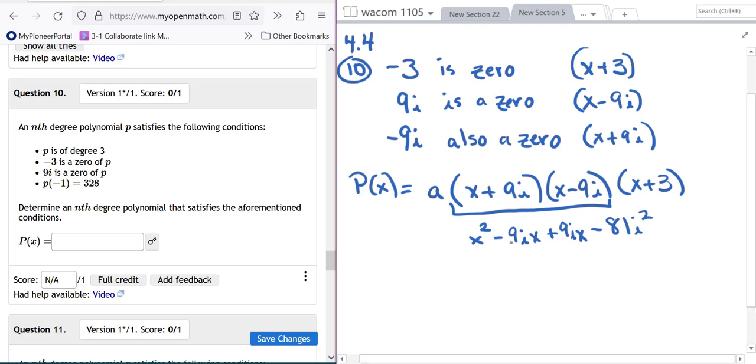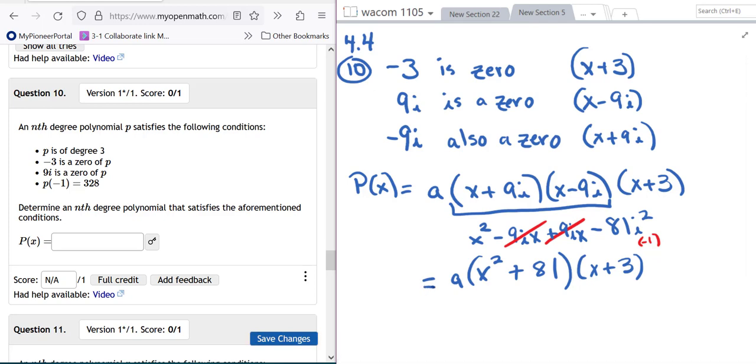These two should cancel out. And remember, i squared is negative 1. So this gives us plus 81. So these come from x squared plus 81. That takes care of those two. And we have x plus 3. I think I'll go ahead and plug in now.